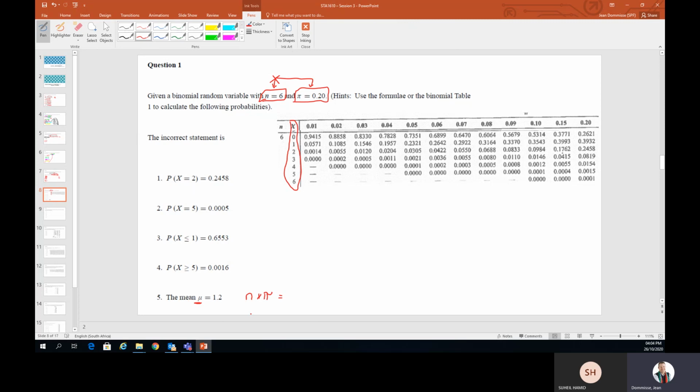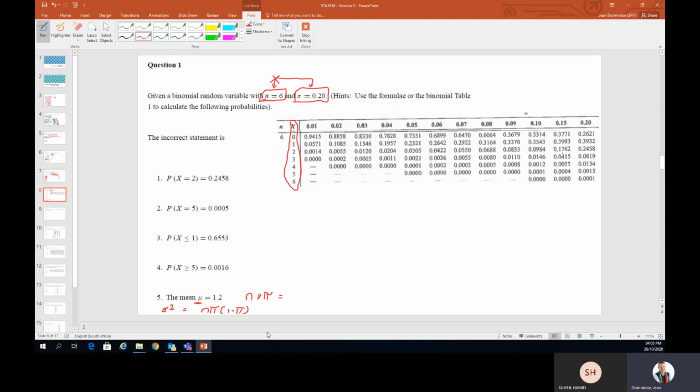Your variance is just a bit different. The variance is basically your mean times 1 minus the pi value.